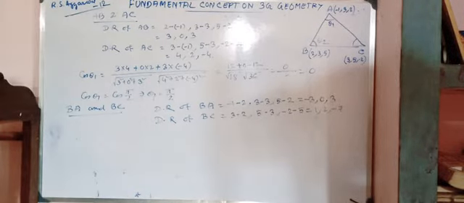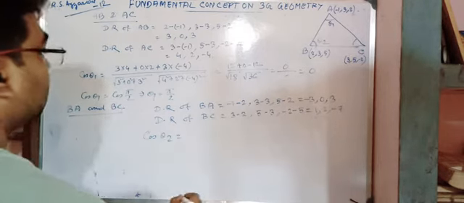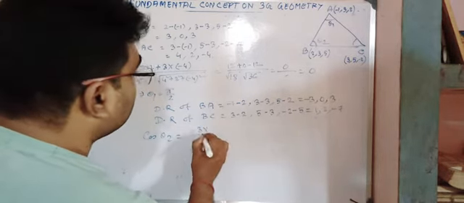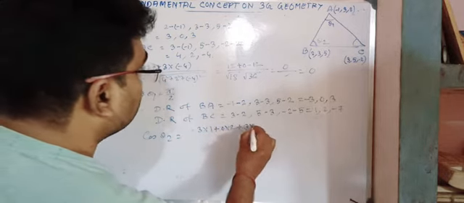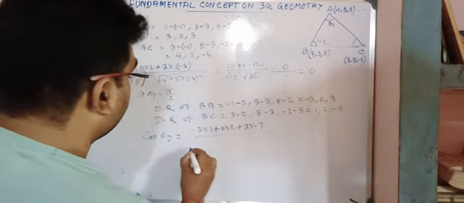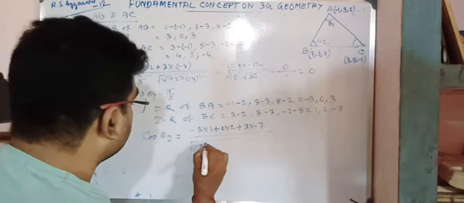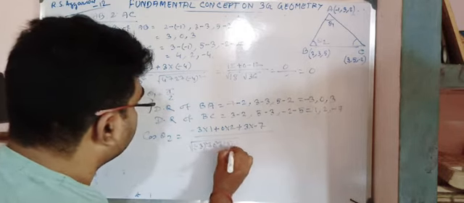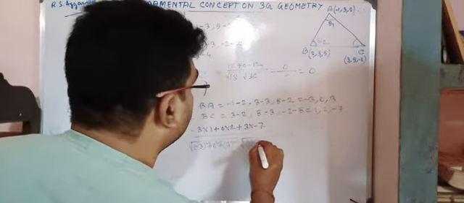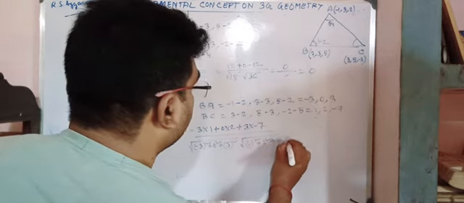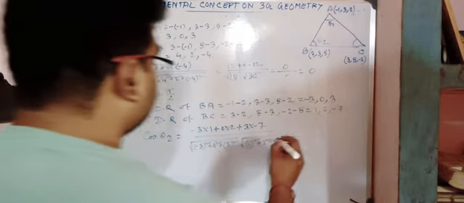So now if the angle is theta 2, cos theta 2 is equal to minus 3 into 1 plus 0 into 2 plus 3 into minus 7, divided by root of minus 3 square plus 0 square plus 3 square, into root of 1 square plus 2 square plus minus 7 square. Understood that?